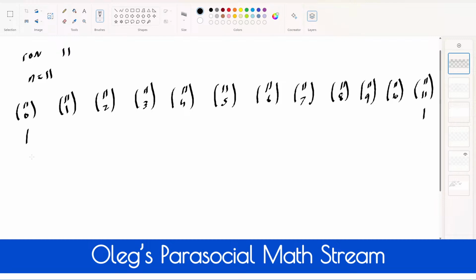As long as I get the first half, every time I answer 11 choose 1, then 11 choose 10 is going to be the same thing, right? So let's do that. So we have 11 factorial over 1 factorial with 11 minus 1 factorial.